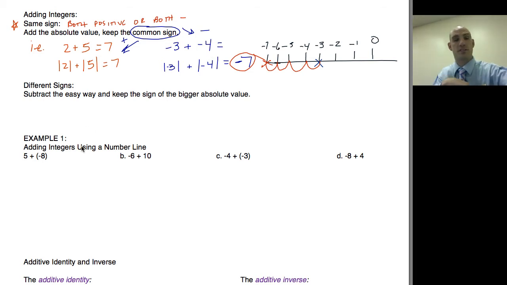Well, what if they have different signs? Because a lot of times we'll have like a -5 plus a +6, something like that. I'm going to say subtract the easy way.